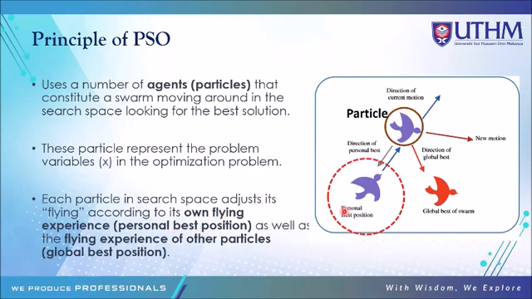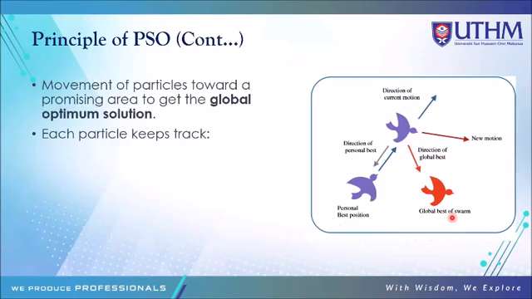Then it learns from the experience of other particles, or in this case other birds, which we call the global best position. These two main parameters help the particle to move from one position to another in order to find the optimal solution. That's the overview or principle of the PSO.